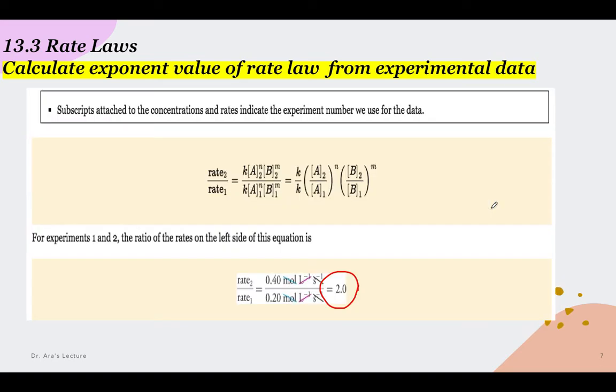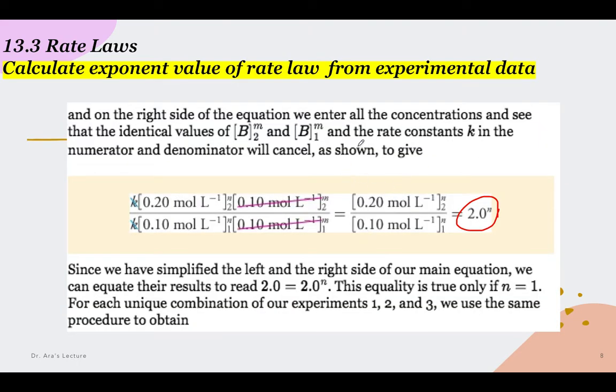So then what did we get? If we look back into the equation, this is the left side and this is the right side. We find here on the left side the ratio of rate 2 and rate 1, and on the right side the concentration ratio. As we know, according to the rate law, the rate is proportional to the product of concentration of reactants, where molarity is raised in terms of exponent.